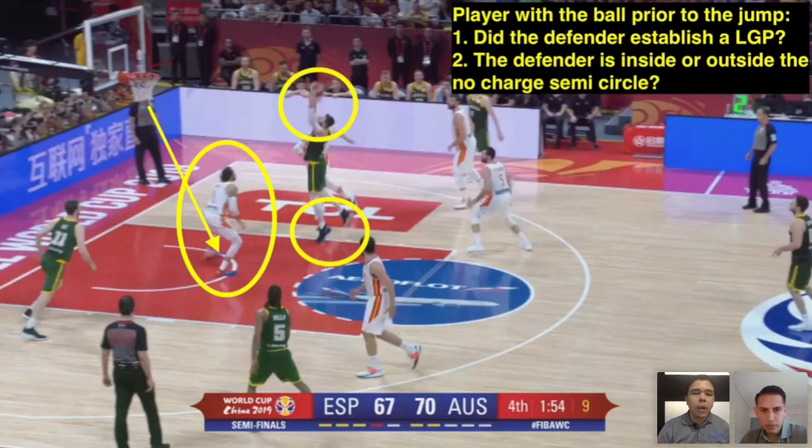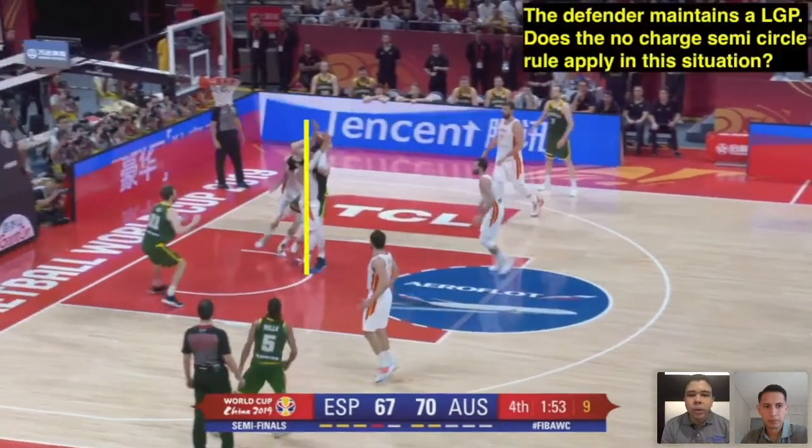He's asking about time and distance. Remember that a player who's receiving the ball should expect to be guarded. So in this case, if the defender takes the position before he jumps, he is legal in that position. So if he's coming back, if he's coming down and a crash occurs, the offensive player is responsible.